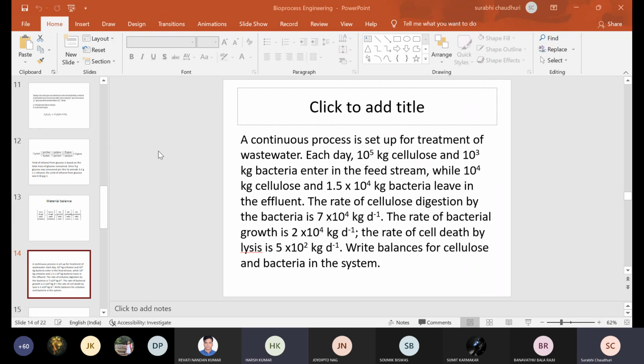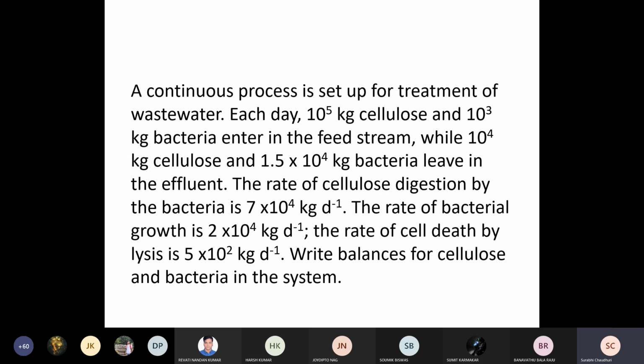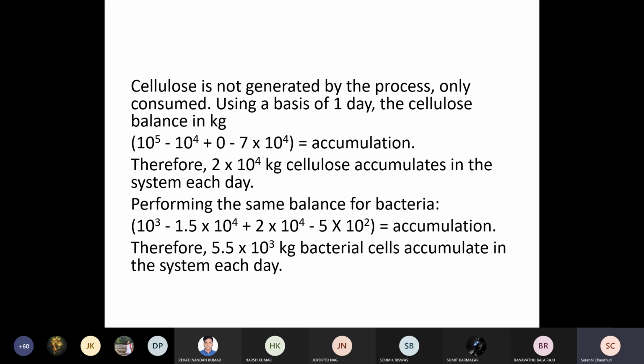Ma'am, my answer is 2 into 10 to the power 4 for cellulose and bacteria. Yes. 5500 kg. Yes. 10 to the power 5 minus 10 to the power 4 plus 0 minus 7 into 10 to the power 4 for cellulose.